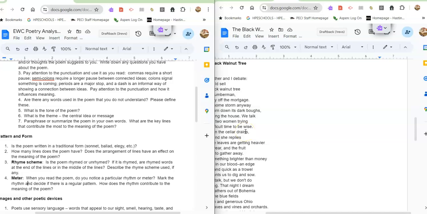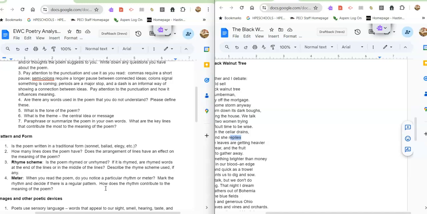It's not consistent. And so maybe wise and replies were chosen so that we focus on those specific words or slow down, but it's typically unrhymed, and describe any potential rhymes that might be in there and what they might mean. Meter means, is it a particular rhythm in which you read?